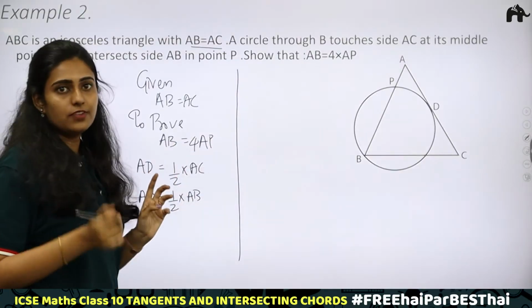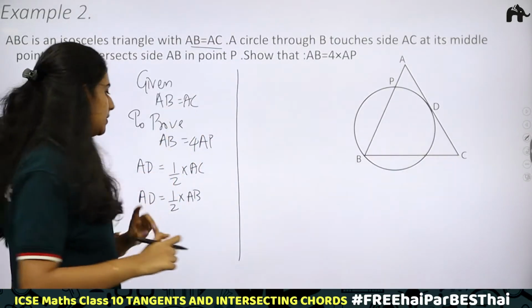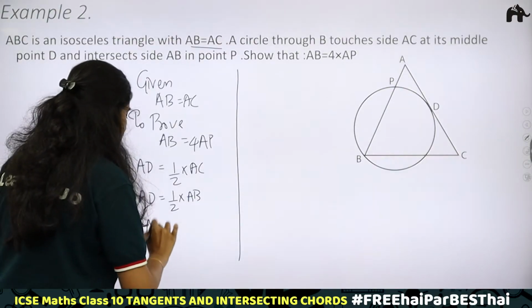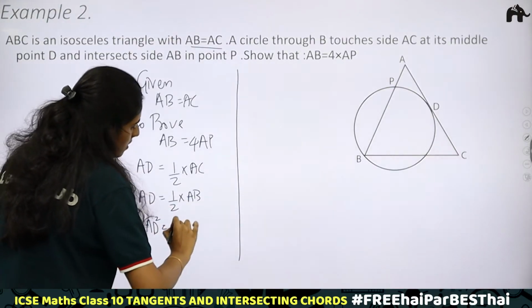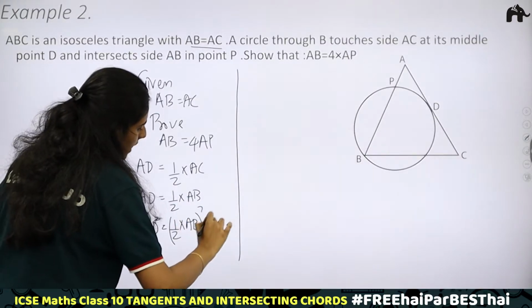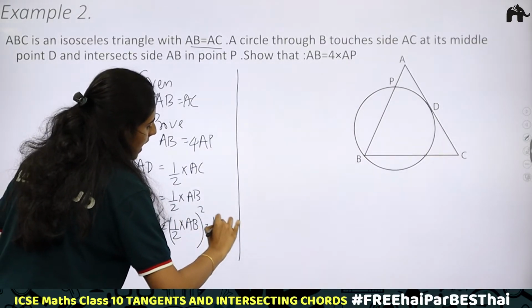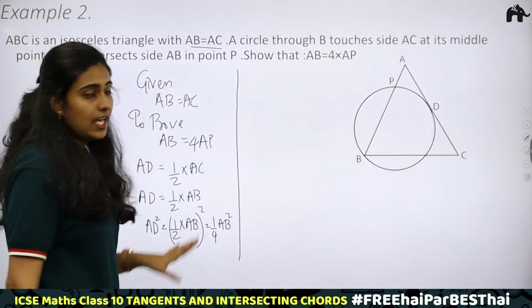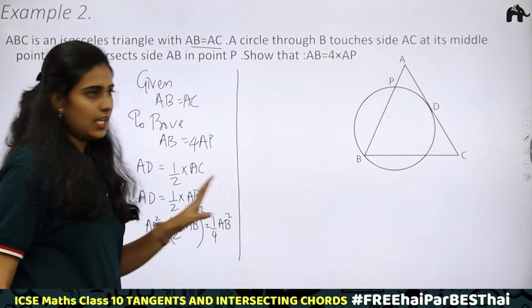AB and AC are of equal length in the isosceles triangle. AD is equal to half of AB. Then what is AD square? AD square will be equal to half of AB whole square, which is 1 by 4 AB square. AD square is equal to 1 by 4 AB square.